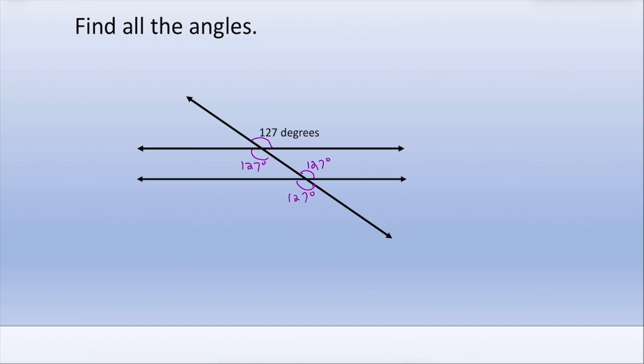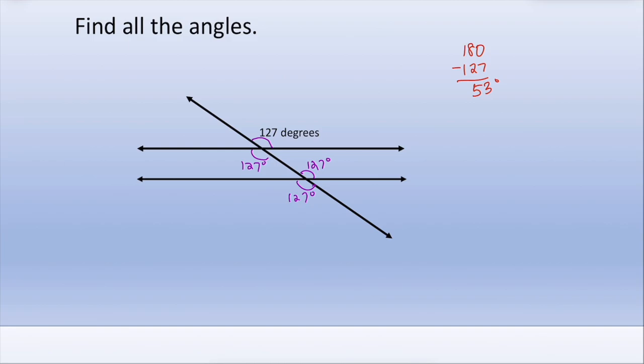Now, see how this makes the perfect straight line? A straight line is 180 degrees. So to find the ones we haven't marked, just take 180 minus 127, which is 53 degrees.